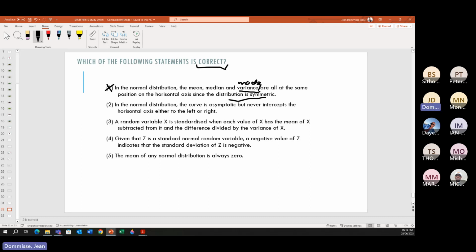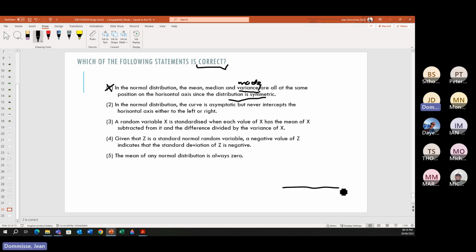In the normal distribution, the curve is asymptotic, but never intercepts the horizontal axis either to the left or the right. Oh, okay, big word.